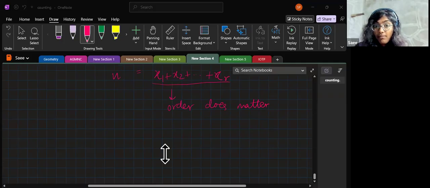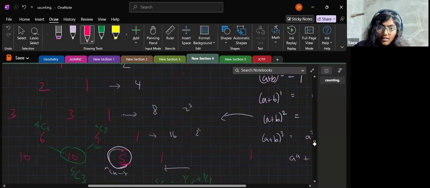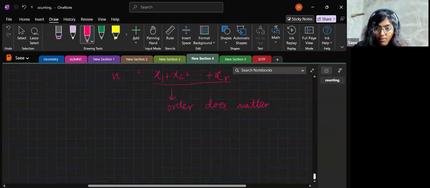Will every number be in Pascal's triangle? That's a great question. Can you try to answer that yourself? Maybe later.